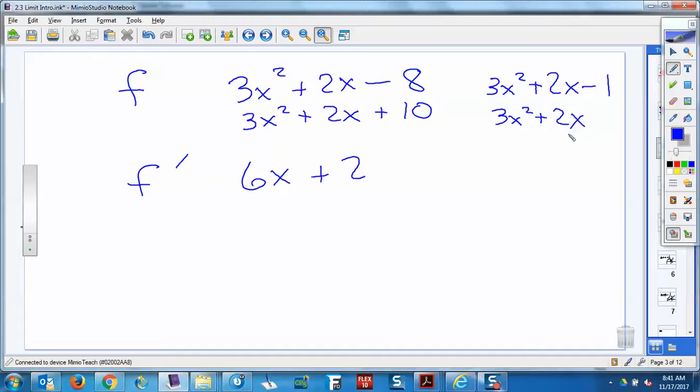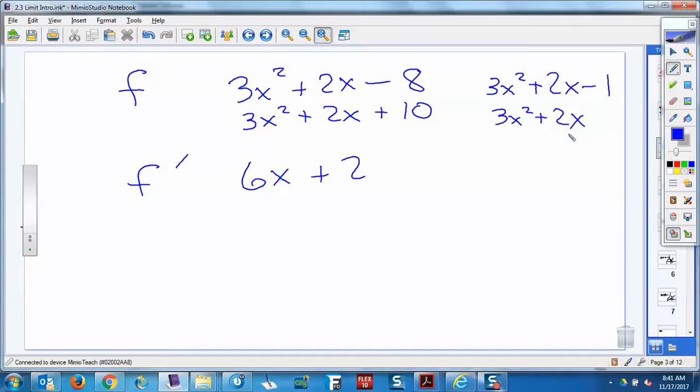They're all vertical shifts of one another. Oh, well, there we go. That just shows it right there. This f prime goes with all of these f graphs because that plus c, that number at the end, some constant, is just the vertical shift. And when we do the derivative of it, that constant goes away.